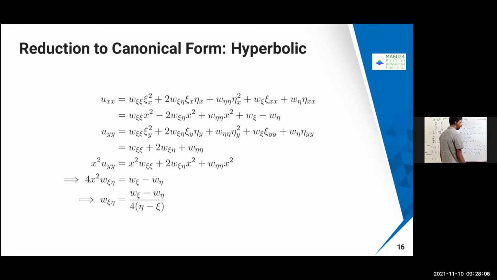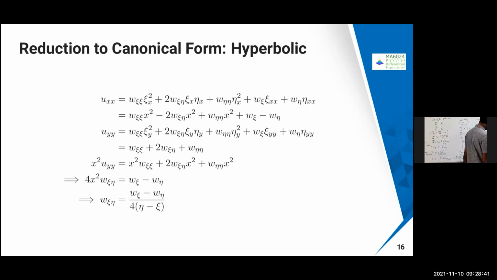So minus w chi, and w eta into eta xx is going to come, so that is going to become plus w eta. Similarly, uyy is going to become the same thing, w chi chi is going to come here. Eta yy will come, but eta yy is 0, so that is not going to be there.